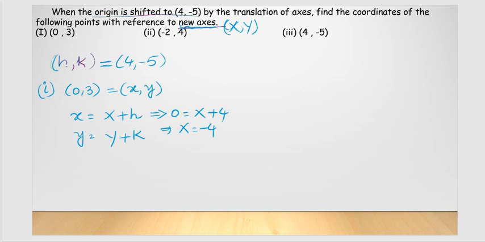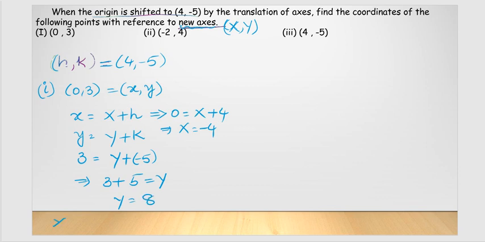What is y here? y is 3. So 3 is equal to capital Y, which we need to find, plus k, which is minus 5. So when I transpose, this minus 5 will be transposed as plus 5. So capital Y is equal to 5 plus 3, which is nothing but 8.